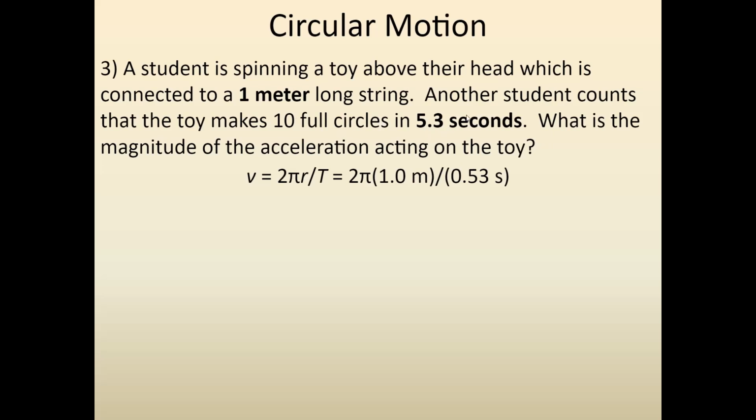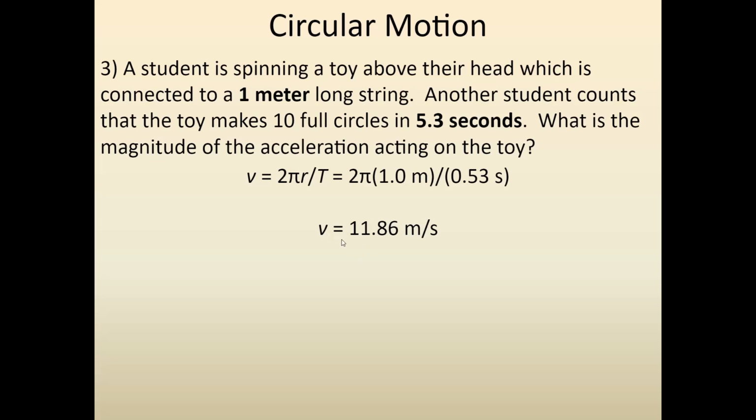What we did was take the time and divide it by 10, because if it did 10 cycles in 5.3 seconds, then every circle took 0.53 seconds. What you could have also done was use this time, but take the circumference and multiply it by 10, since it goes around the circle 10 times.